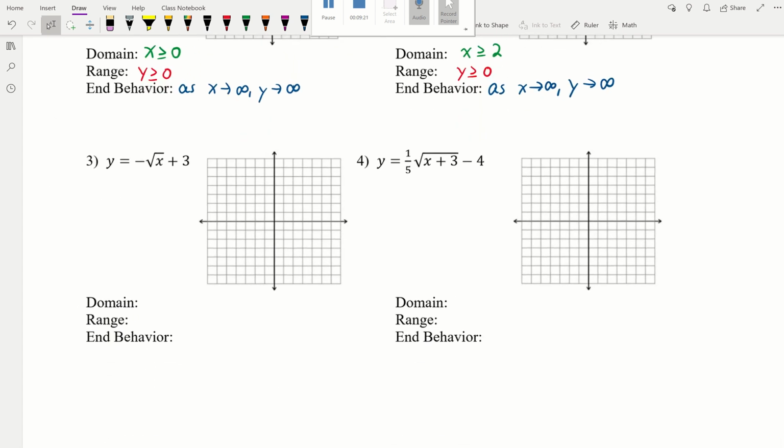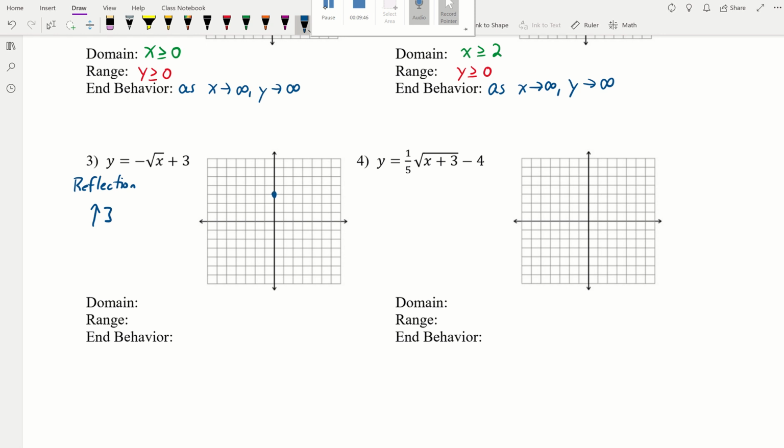Now for number 3, this time we've got a negative in front. So a negative in front is always going to cause a reflection. The plus 3 is now outside of the radical, so that's going to move the graph up 3. So what this will look like is, starting at 0, 0, we're going to move up 3. That becomes the endpoint.